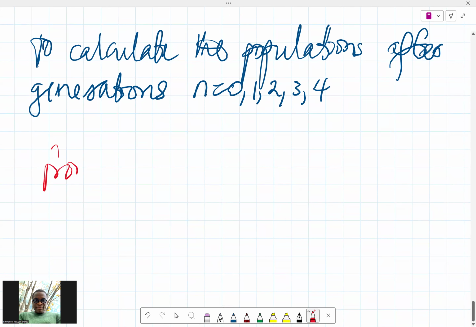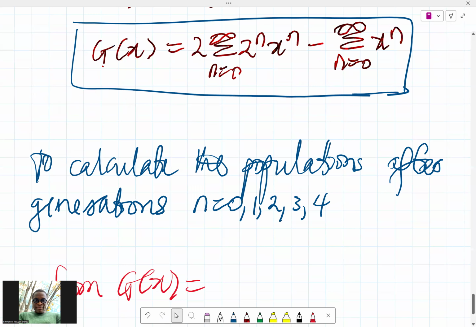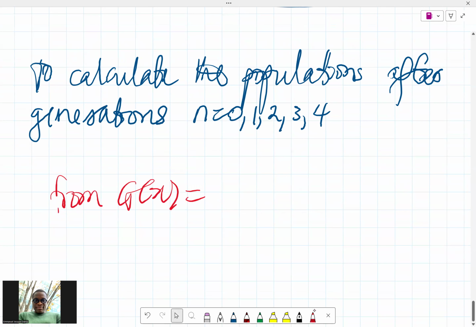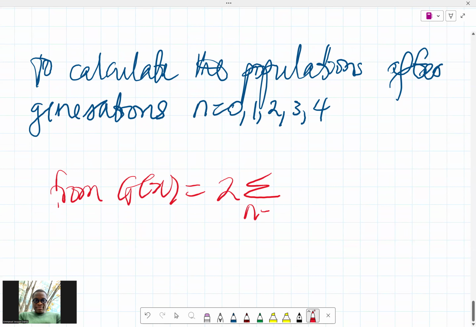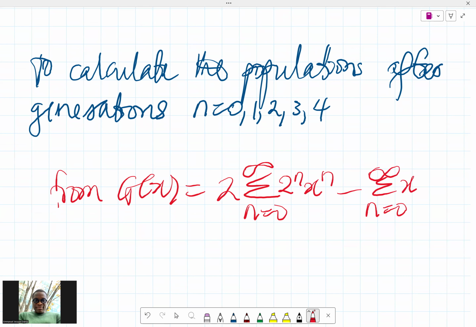So from g of x, which we already know is 2 summation from n equals 0 to infinity of 2 raised power n, x raised power n, minus summation from n equals 0 to infinity of x raised power n.